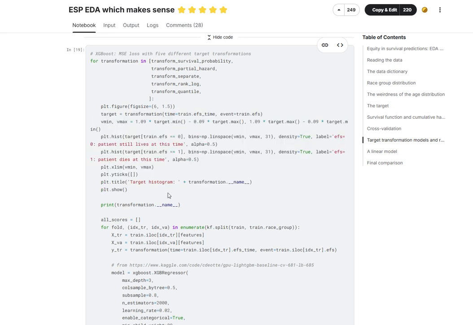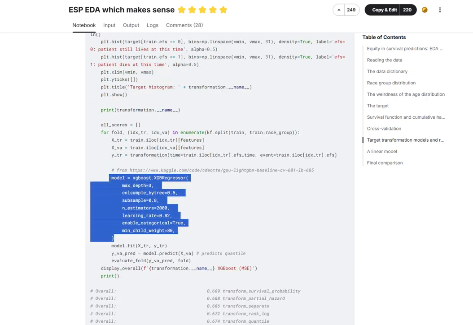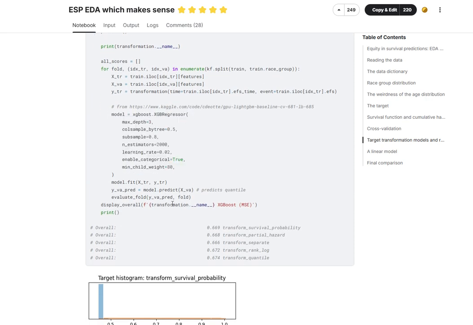It trains a standard XGBoost regressor, using mean squared error, not a survival objective, on this transformed target. 4. It evaluates the model using the same cross-validation procedure and custom evaluation functions as before. This allows us to compare how well different target transformations work when combined with a standard regression approach.